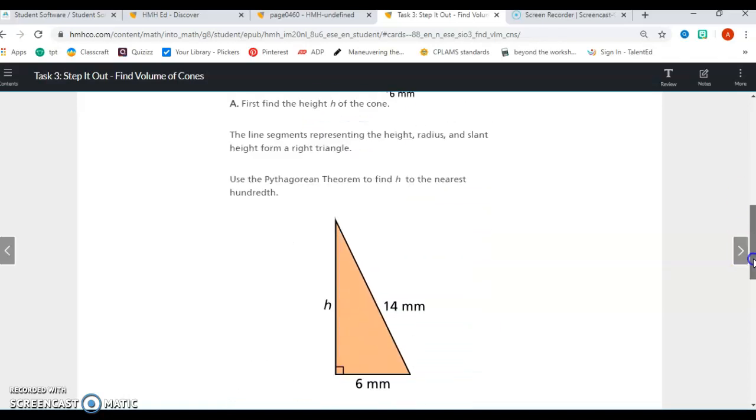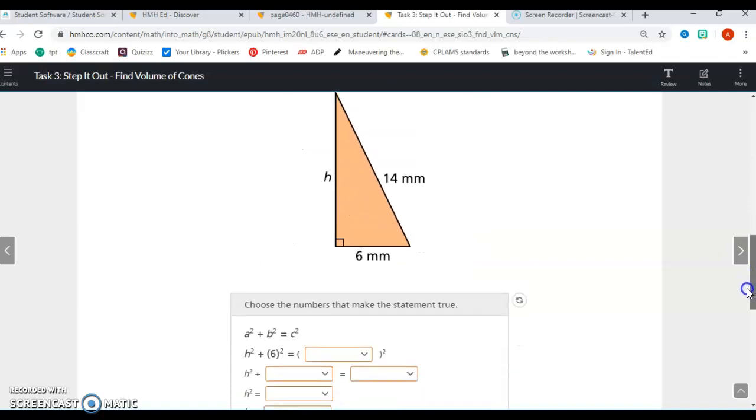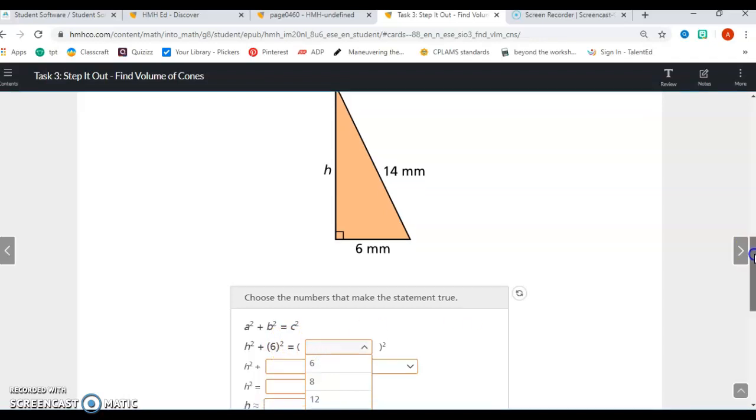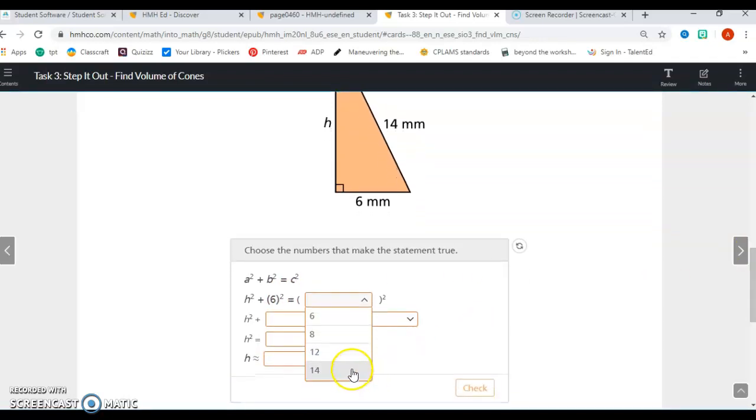Here we go. All right, there's that right triangle from the cone. Base is 6, slant height is 14, and we're solving for h, which is the height, or in other words, the a. A squared is the height, b squared is the base, as in 6 millimeters, and we're solving for this, and then we're just going to plug in the hypotenuse, which is 14.